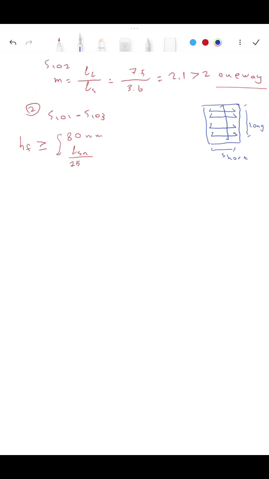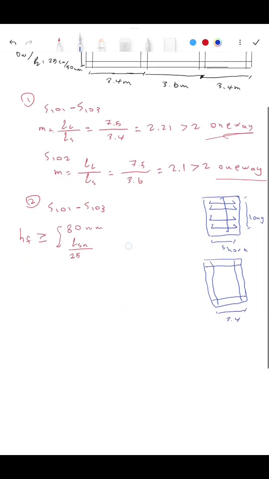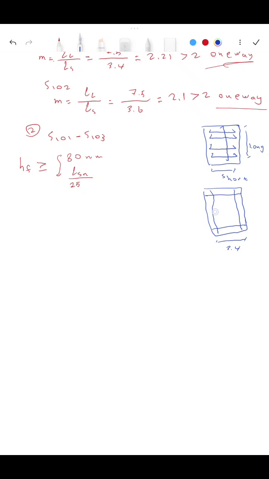Okay, LSN is this: this is the slab we have, and these are the beams surrounding the slab. Here, as I said, from the center of the beam to the center of the beam is 3.4, right? LSN is this length only, in the middle.